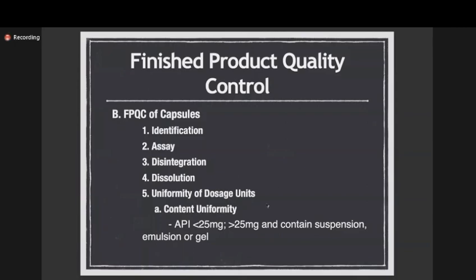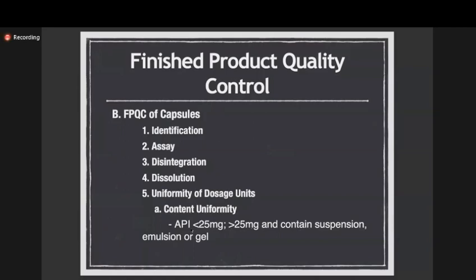Now for your capsules, if less than 25, content uniformity. But if suspension, emulsion, or gel is in the capsule, then your basis is greater than 25.